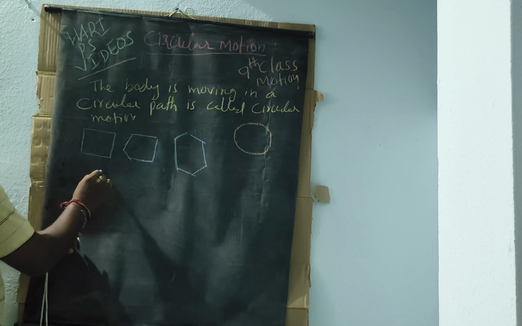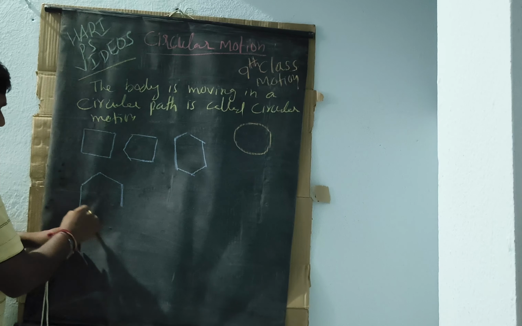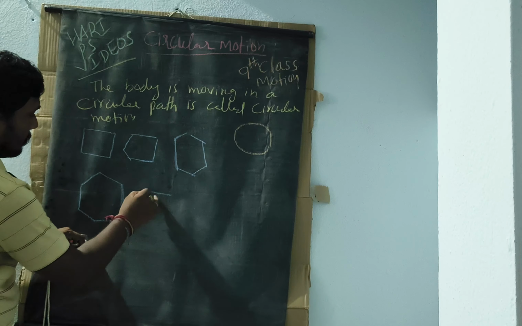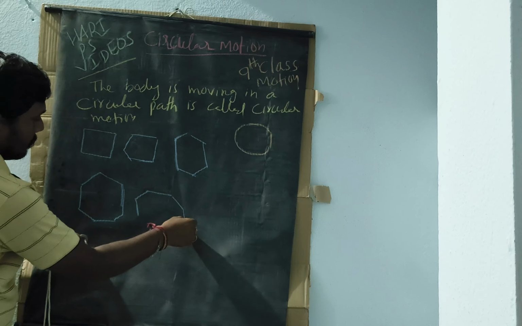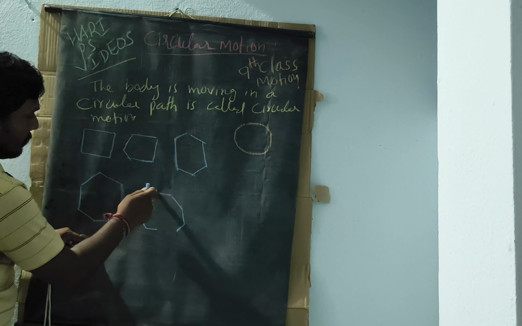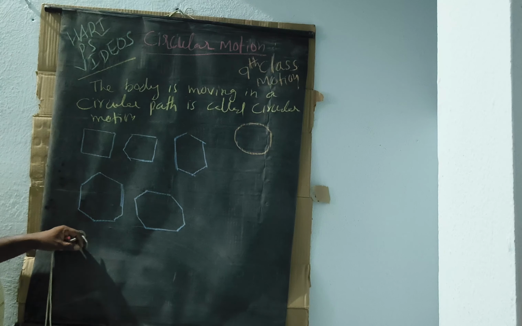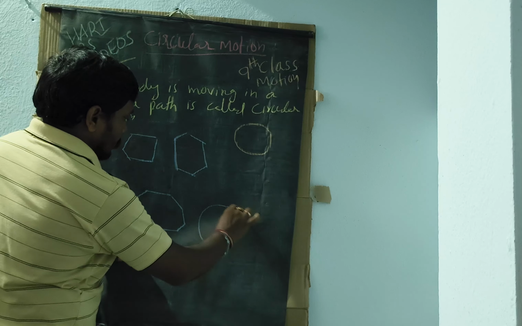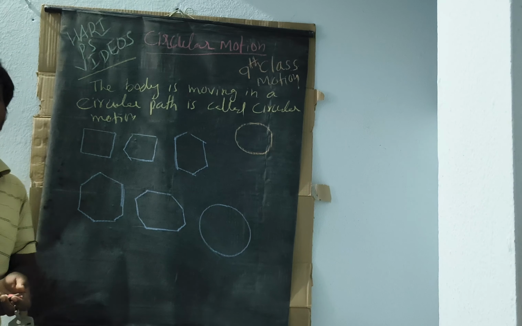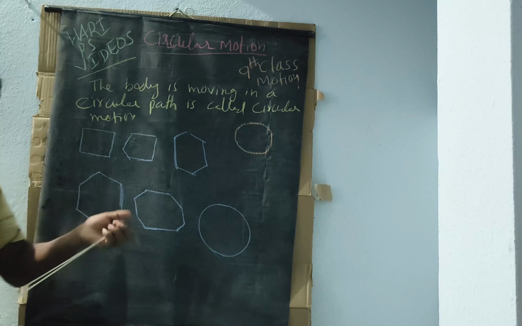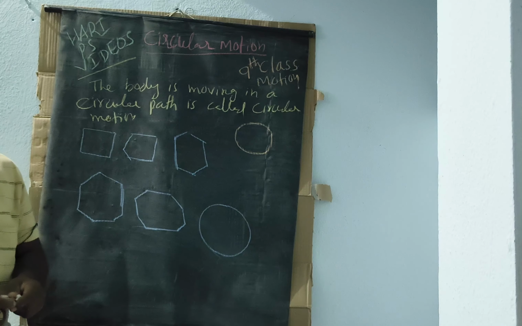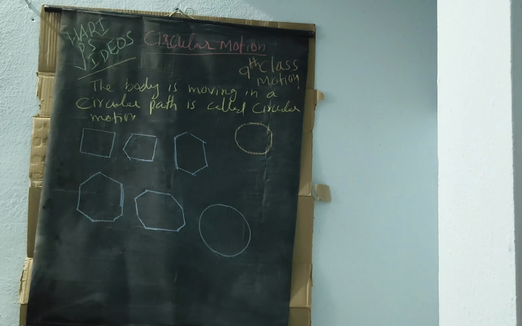So these are the different tracks, and an athlete is moving or running in them. Observe how many times he changes his direction.